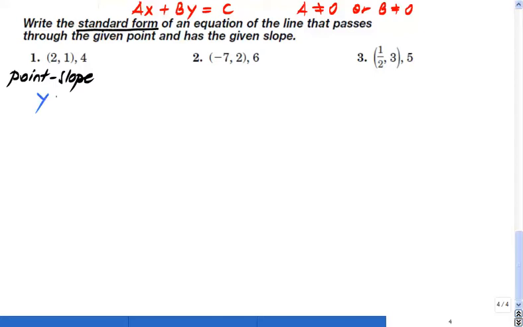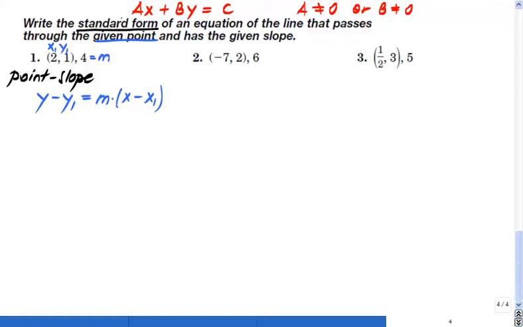Point slope says that the equation of a line in point slope form will be y minus y1 equals m times x minus x1, where x1 and y1 are the coordinates of a point on that line, a given point, and m is the slope.